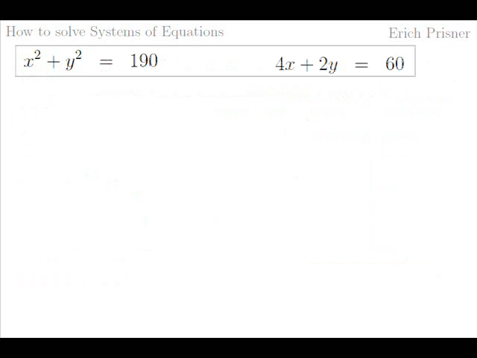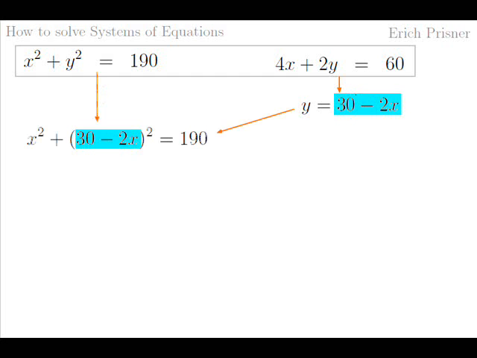We solve the second equation for y. We subtract 4x on both sides of the equation and divide the equation by 2 to get y equals 30 minus 2x. Substituting y in the first equation by 30 minus 2x, we get x squared plus (30 minus 2x) squared equals 190.